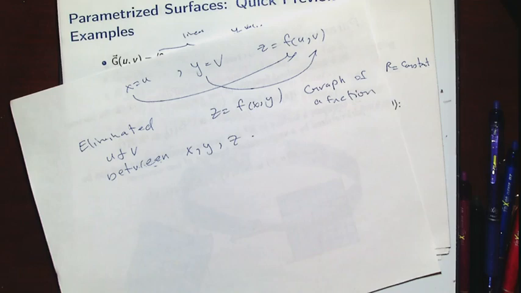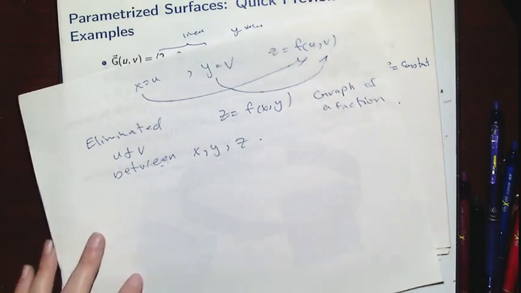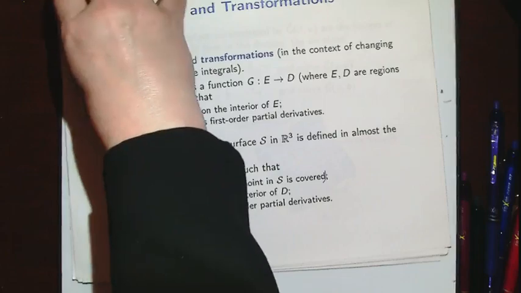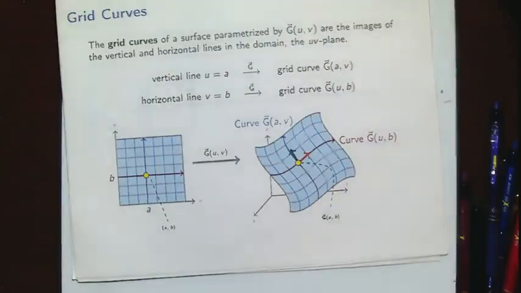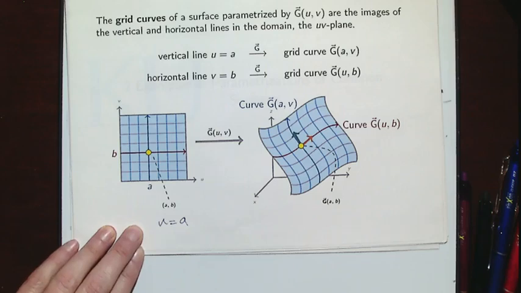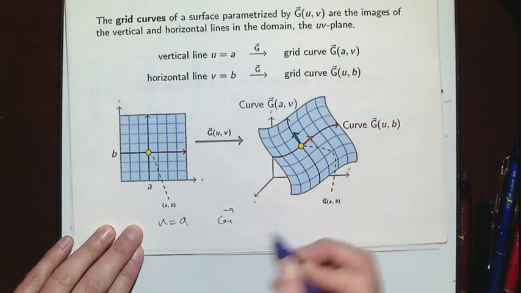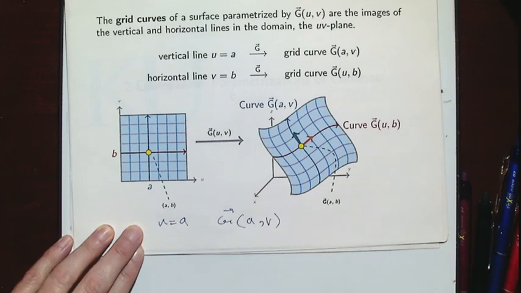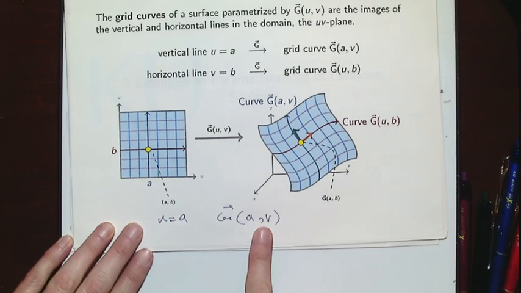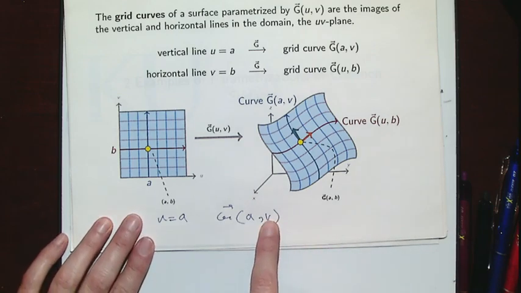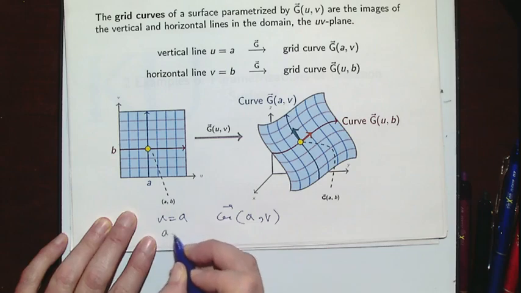U equal to a constant, right? So if I have U equal to a constant, then I plug it into G of U equal to a constant and V, then this is going to give me a parameterization of one variable because that's a constant.